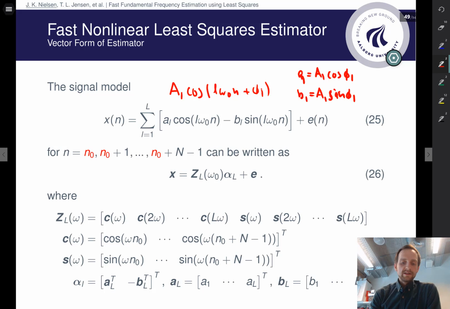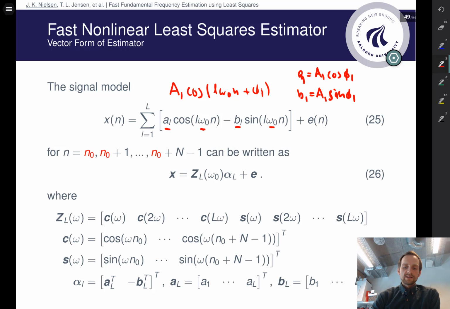Then you get the expression in 25, and the reason that we have gone for this rectangular form is that we would like these to be linear, so that we can easily marginalize them out from the optimization problem that we will look at later, so that we only have one unknown nonlinear parameter, which is omega_0.